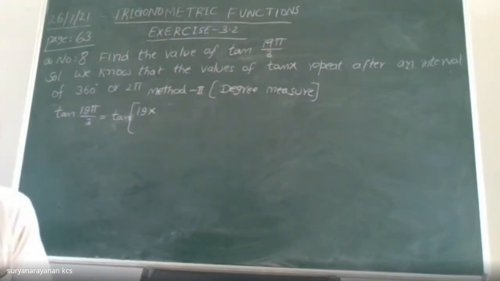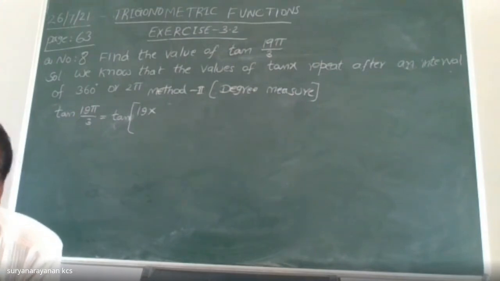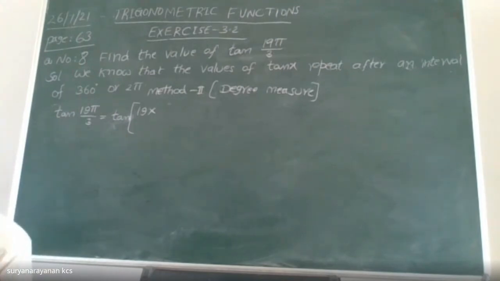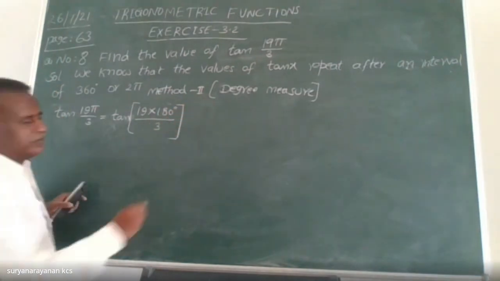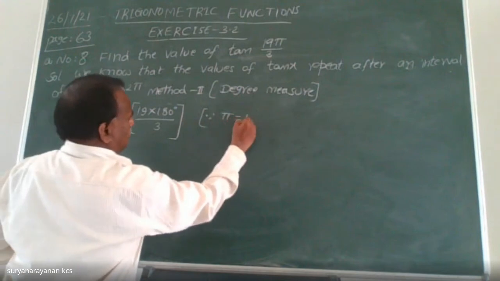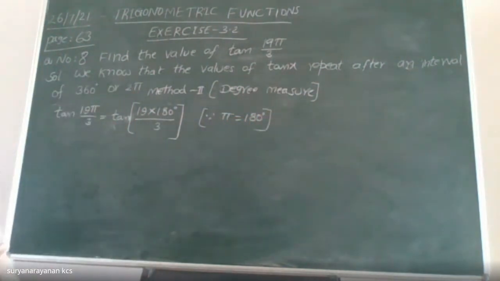How many degrees is pi radians? Pi radians is equal to 180 degrees.